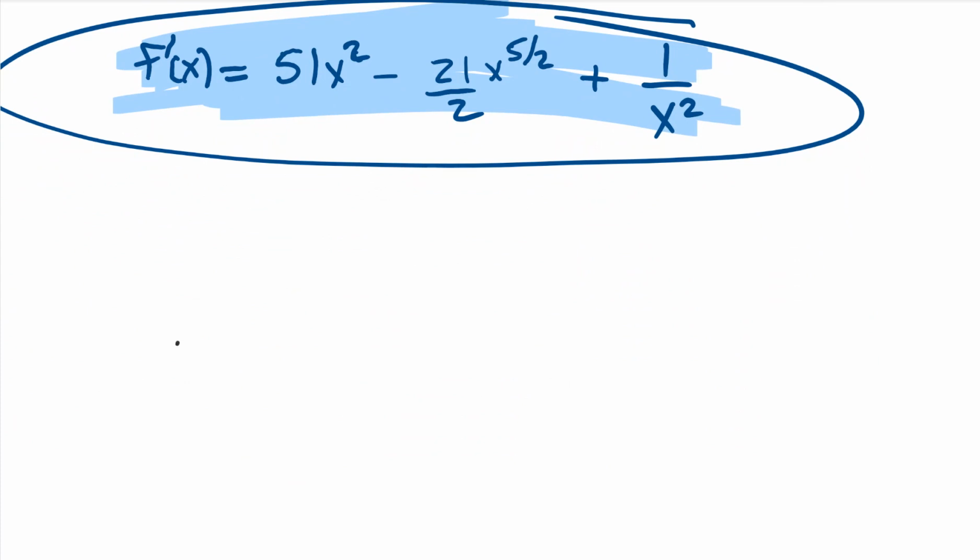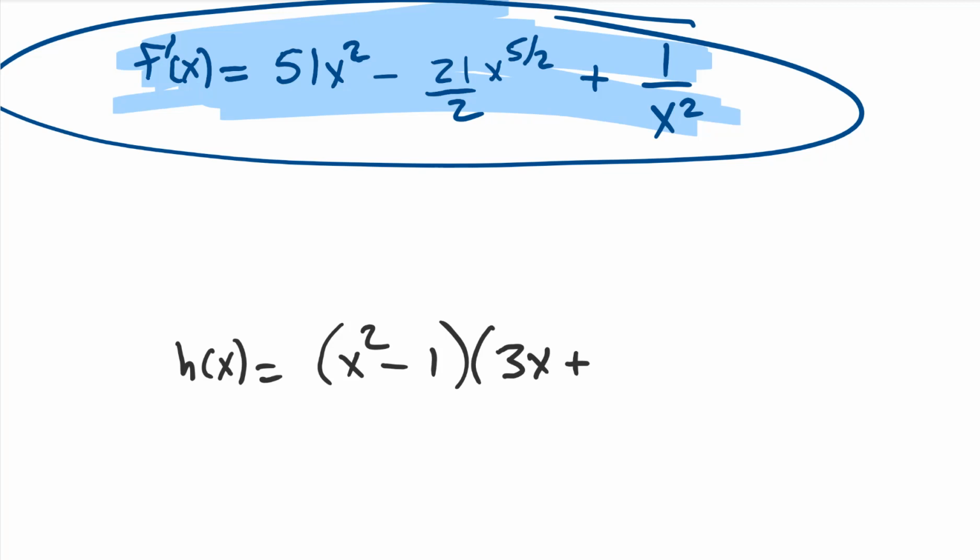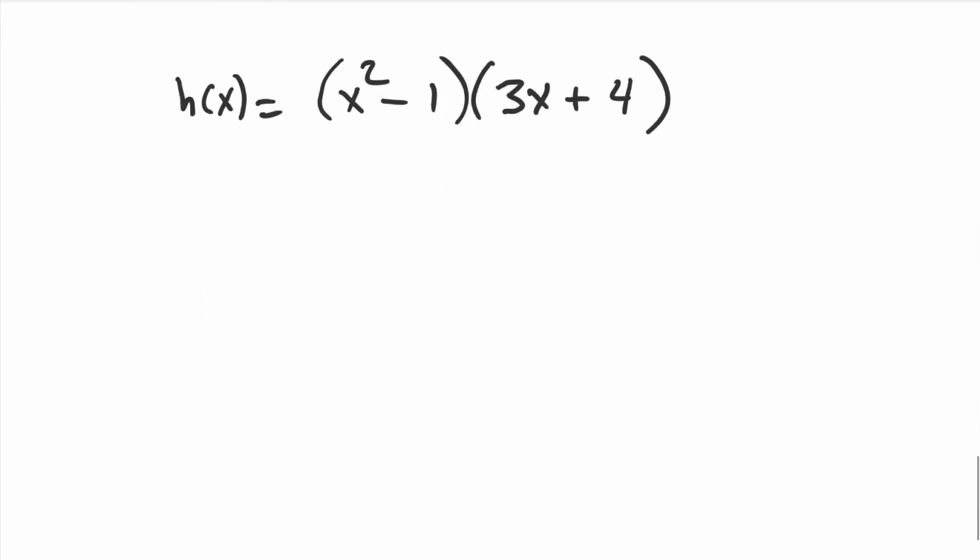Let's say h of x is equal to x squared minus 1 times 3x plus 4. We're going to learn tactics. In the next section, you're going to learn how to do this for two functions being multiplied together. But even when you're in that section, don't do it.